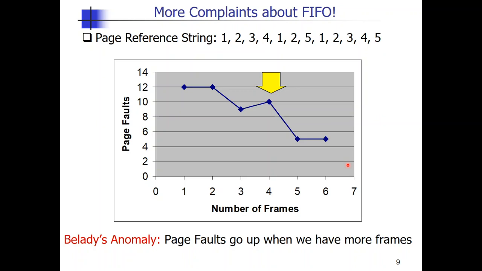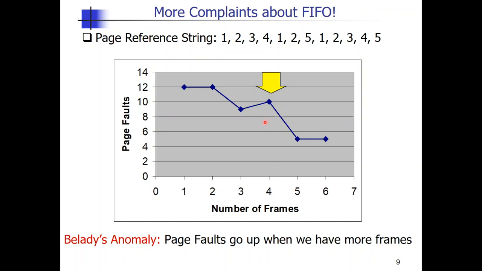But continuing with some complaints about FIFO, it turns out that even though you might increase the number of frames in the physical memory, for a certain page reference string you might have an increase in the number of page faults, which is completely unexpected.